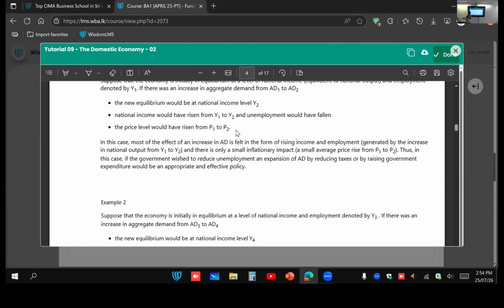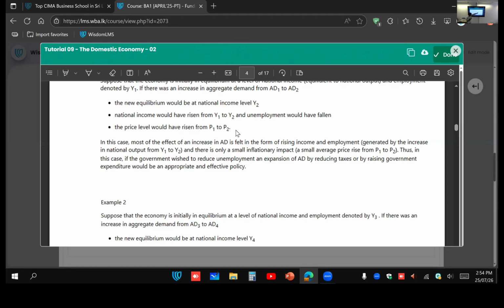As a result, what will happen to the national income? When unemployment decreases, national income increases. So again, we come back to the same story of accelerator, multiplier and economic growth. Understood?